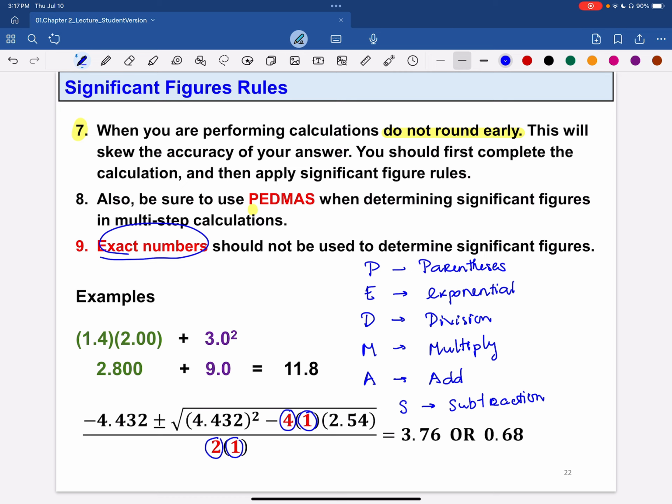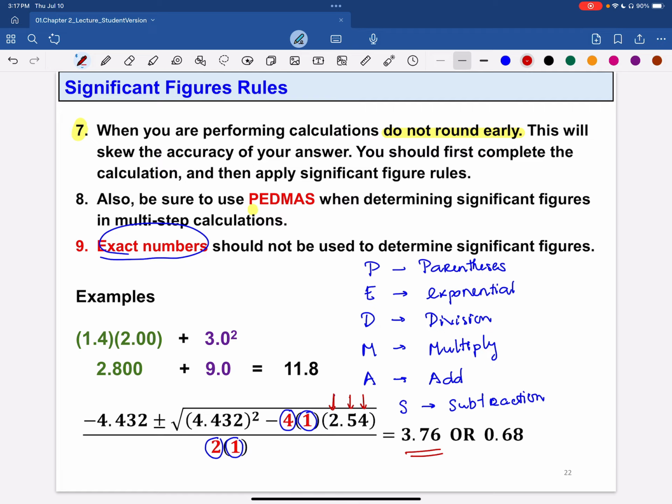Exact numbers should not be used to determine significant figures. So even though they have one significant figure, they are not involved. So the fewest significant figures in this case is 3. So that's why your answer is 3.76 or 0.68.